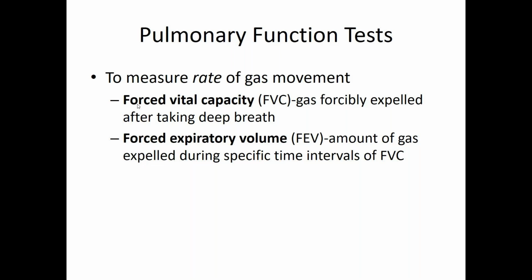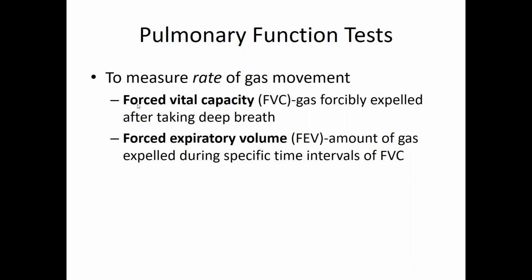This is where we focus on, say, rate of movement. Particularly for athletes, but again, for elderly people here as well. And so we measure things like forced vital capacity or forced expiratory volume. Here, we basically just say, how much can you breathe out if you take a deep breath? And then from there, how much can you do that over the course of a certain set of time?